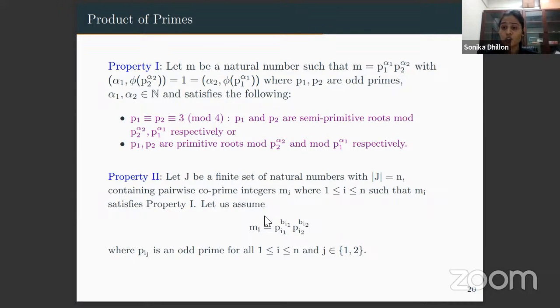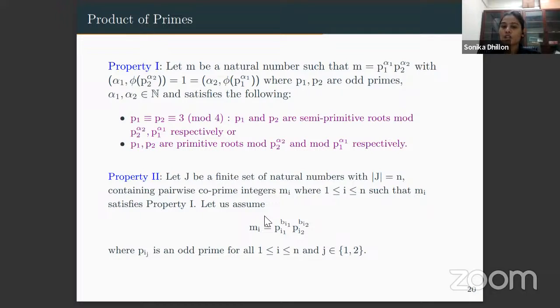It was Pei and Feng who characterized the set of integers for which these cyclotomic units are multiplicatively independent. They proved that as soon as you go to any integer which has more than 4 prime factors, then the cyclotomic units are no longer multiplicatively independent, and hence this idea is not going to work there.